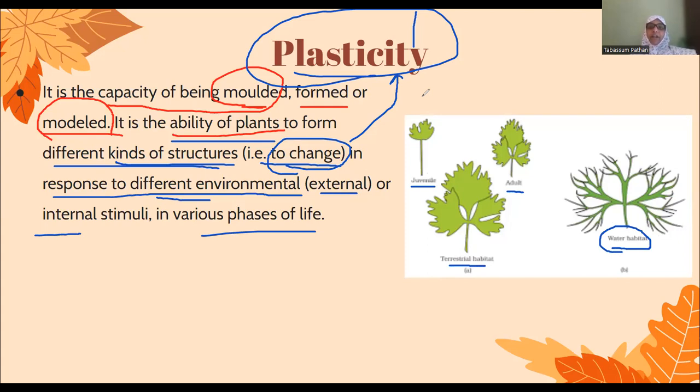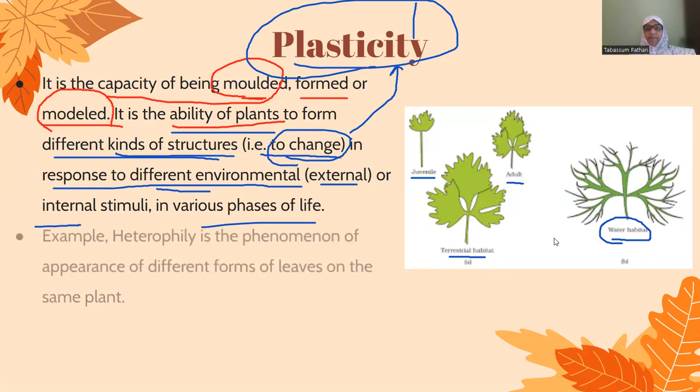When it is in the very juvenile stage, like young stage, it looks like this. Then in the adult stage, the size is somewhat like this. Then when it is on land, the shape and size of the terrestrial leaf is like this, and when it is in water, the shape and the structure of the leaf is completely different.